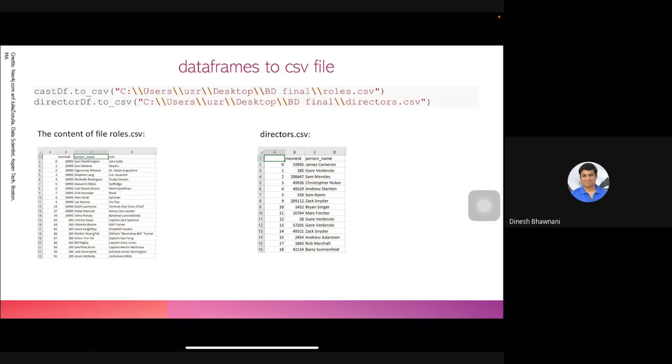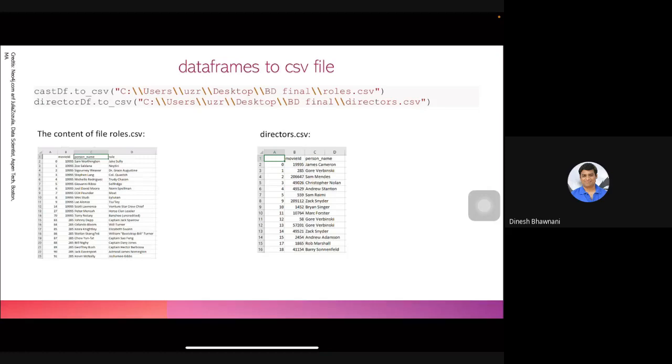So load CSV with headers from director.csv. Then match. Match is like a lookup. Inside the movie table, ID line.movie.id, then you merge it with person line.person name. Then person name is related as director of movie, because we are trying to create the directed relationships.